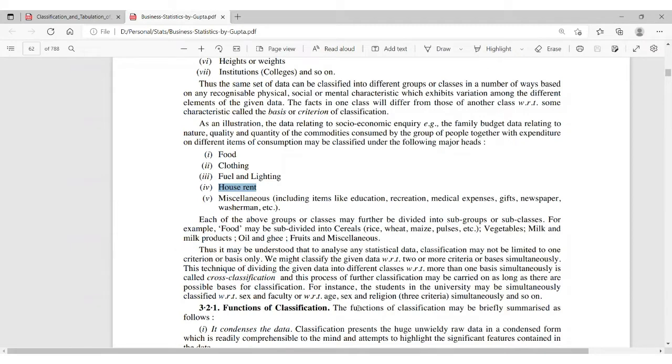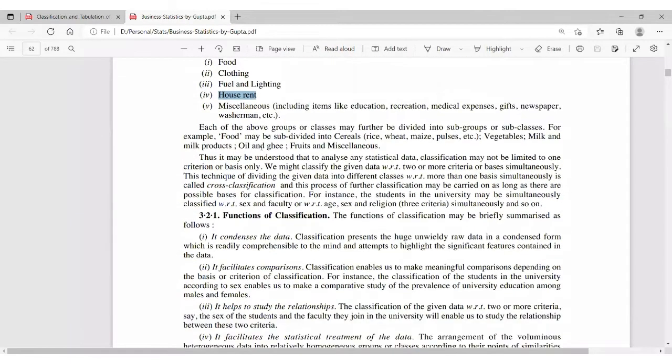So we can easily segregate them. Each of the above groups and classes may further be divided into subgroups. For example, food may be subdivided into cereals, rice, vegetables, milk, all these things. These are the further classification of this.